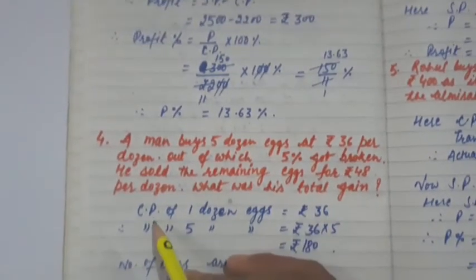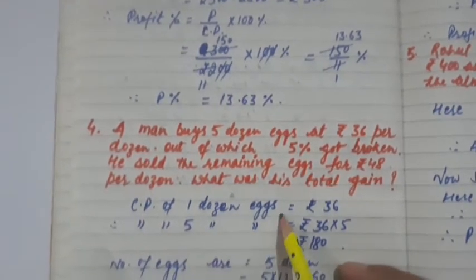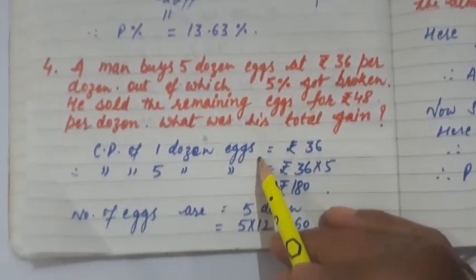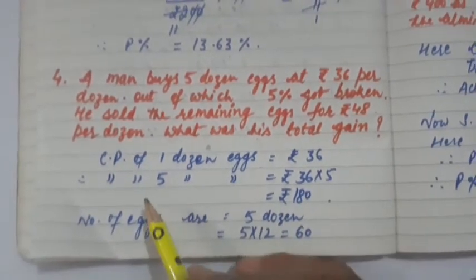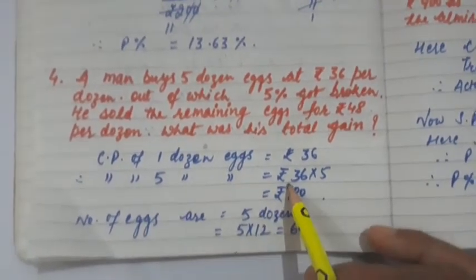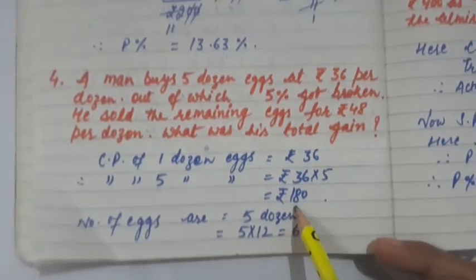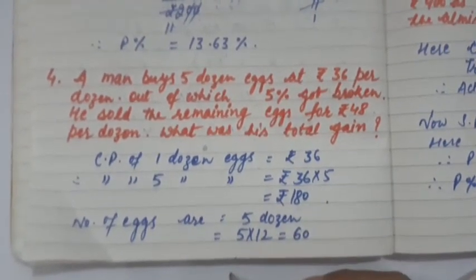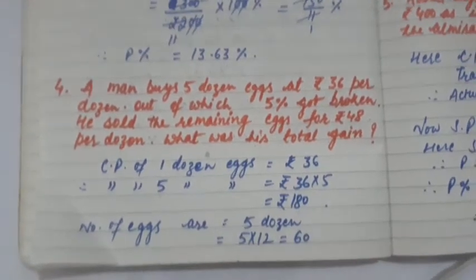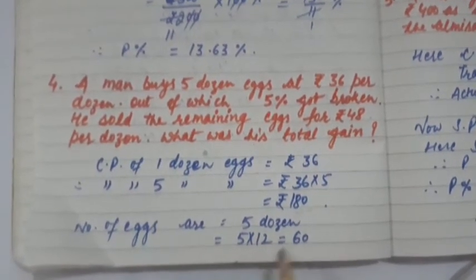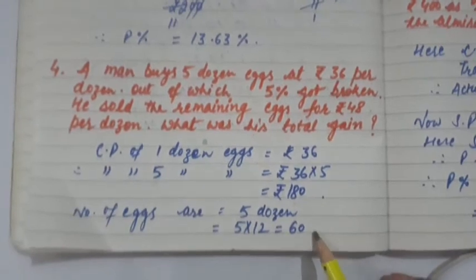In this question, the CP of 1 dozen eggs is given, that is rupees 36. So the CP of 5 dozen eggs is equal to 36 into 5, that is rupees 180. But we know that the number of eggs in 5 dozens is 60.